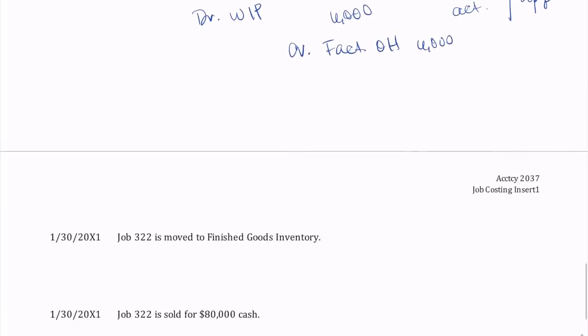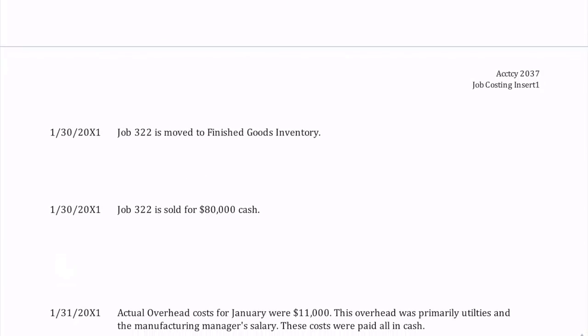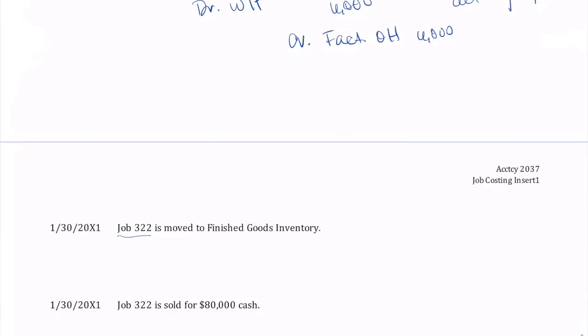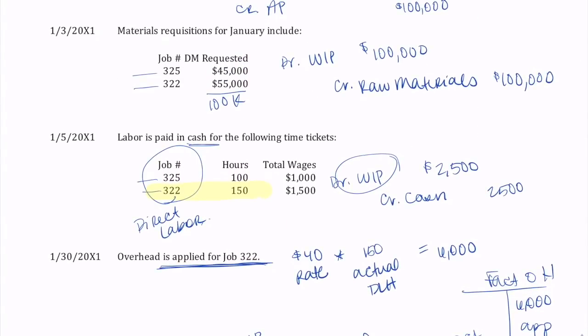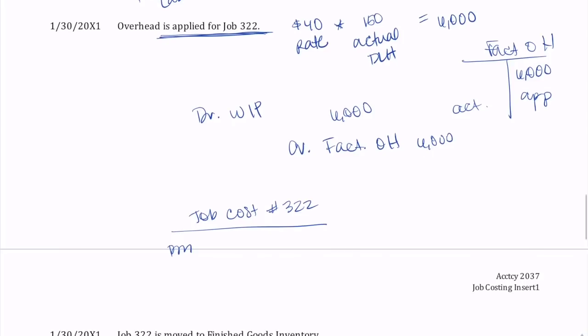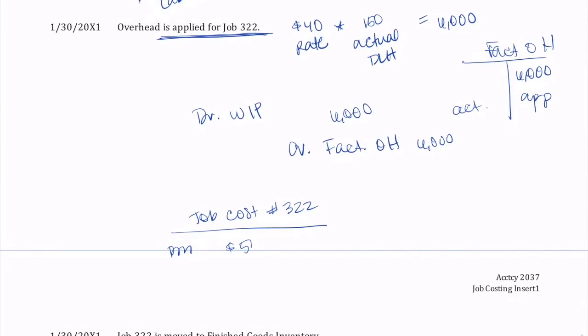The next thing that happens is that this job 322 is done. It's moved to finished goods inventory. Okay, so I'm going to quickly draw us a little job cost sheet for number 322, so we can make sure we understand. The direct materials that went into 322 were $55,000.